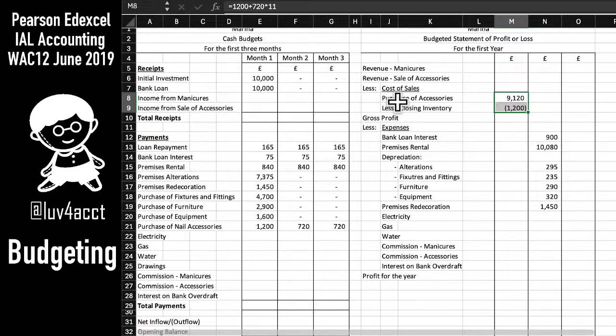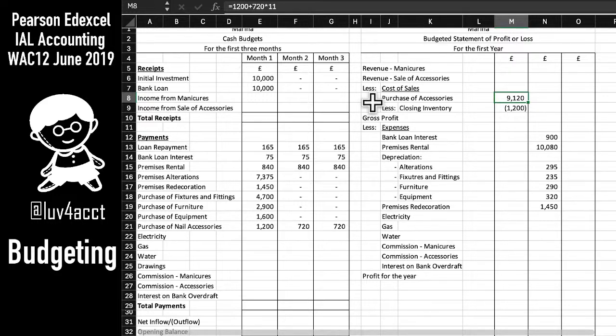Because at the start of the business, we don't have any opening inventory. We don't have anything. We don't even have money. So how come we have opening inventory of 1200? That is not making any sense. So I will not follow what is given there. Instead, it is part of the purchases. So 1200 initial inventory.